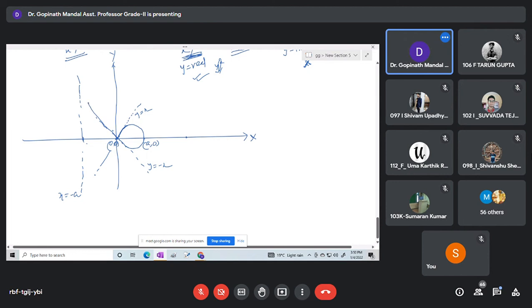So this part moves like that, and this part moves like that.